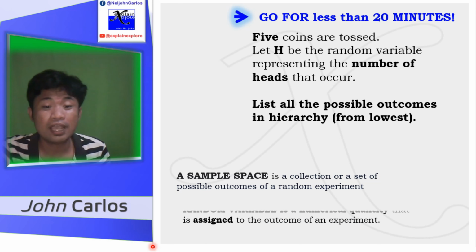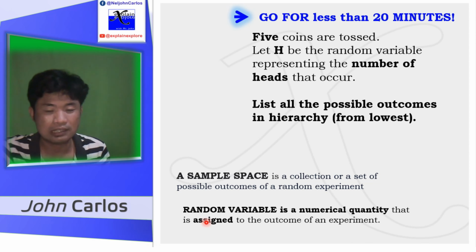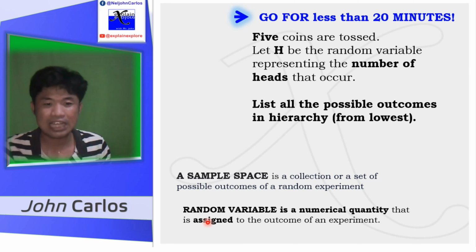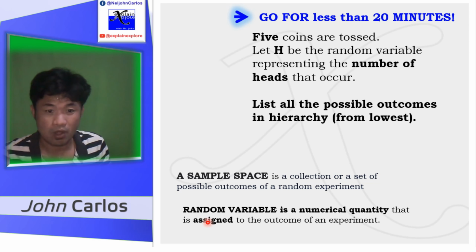And we say random variable if we take regard of or count something, for example, the number of heads that occur. So that is a random variable. We have to count how many heads occur in that outcome or combination.